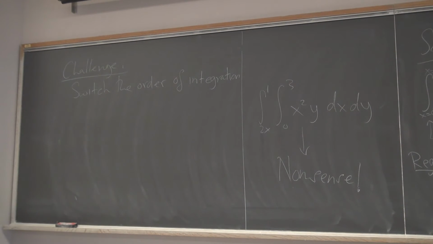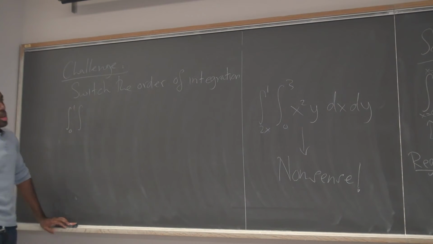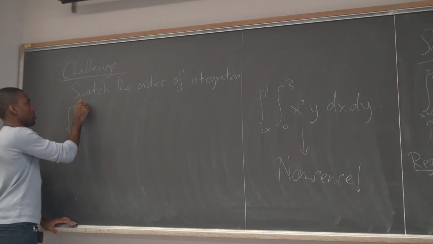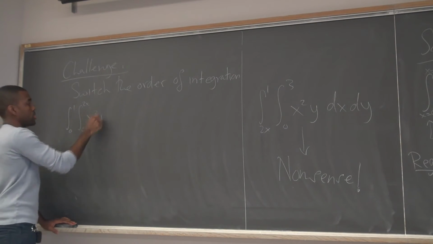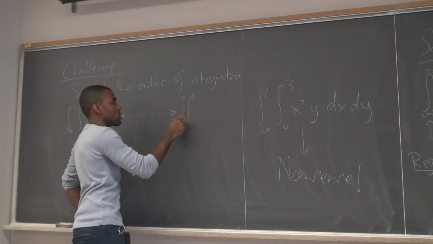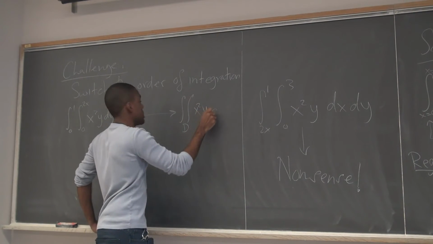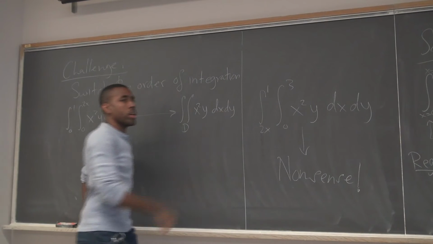Right, so here I have 0 to 1, and I have 0 to 2x, x squared y, dy dx. I want you to switch this to some integral of x squared y, but instead I want you to set it up as dx dy. Could you do that?